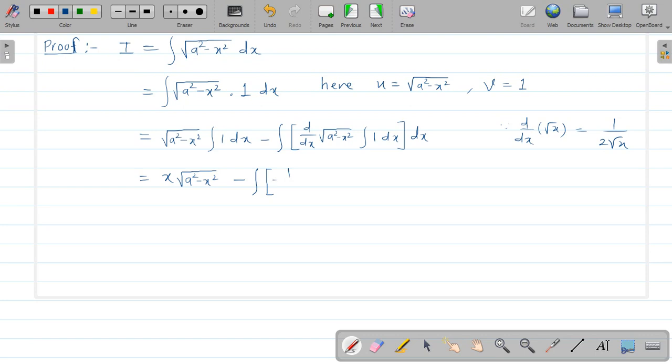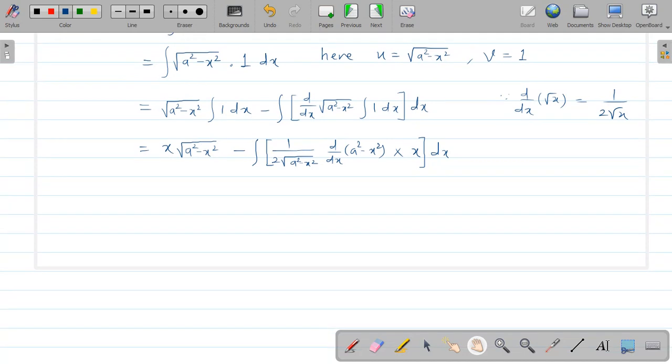By chain rule it will be 1 upon 2 into root of a square minus x square into d by dx of a square minus x square by chain rule, into integration of 1 which is x. So first of all see the derivative of root of a square minus x square carefully.